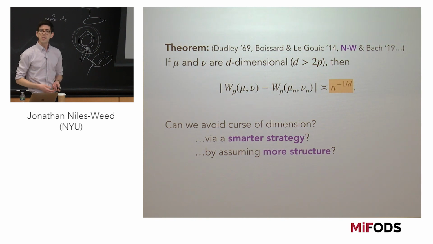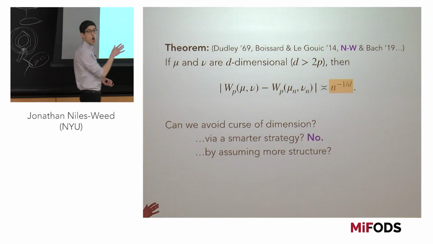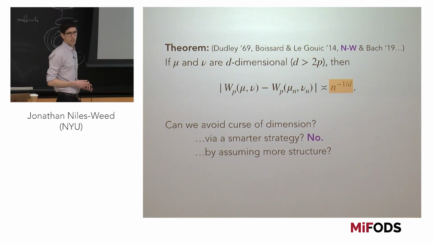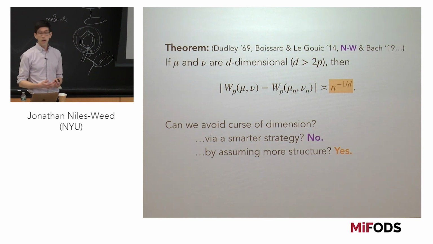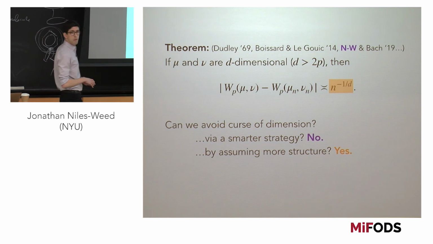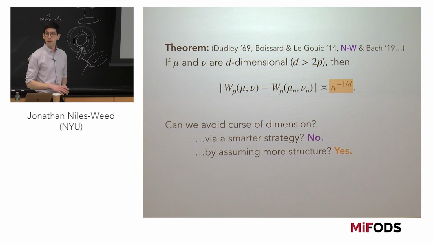So what we're going to see is that the answer to the first question, whether I can do anything smarter, is essentially no. There's not really anything better than this rate in order to estimate Wasserstein distances between high-dimensional distributions. But the second part of the talk is going to offer one type of structure that can be exploited. Even though the distributions are high-dimensional, under some settings it's possible to estimate this quantity faster. And that's this so-called spiked transport model that I'll talk about in the second half.